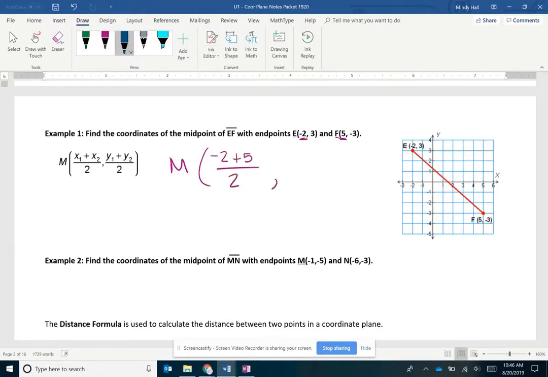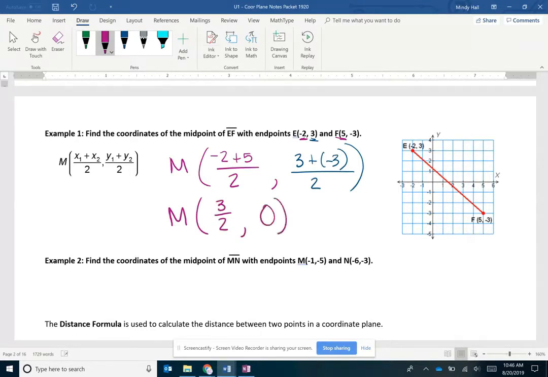And then my y values is going to be 3 plus -3 if you want, or you can just put 3 minus 3 and then divide by 2. So then when I do midpoint, -2 plus 5 is 3. So I would have 3 over 2. And then 3 minus 3 is 0. So 0 divided by 2 is just 0.